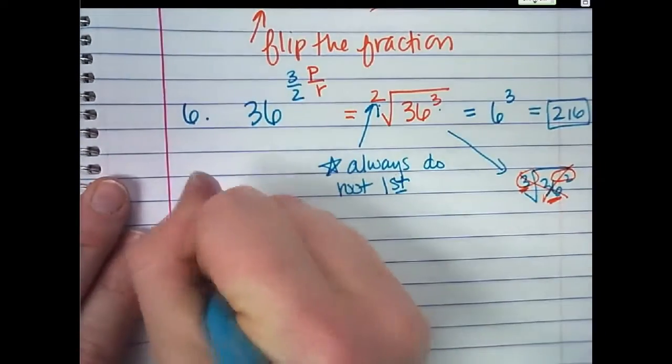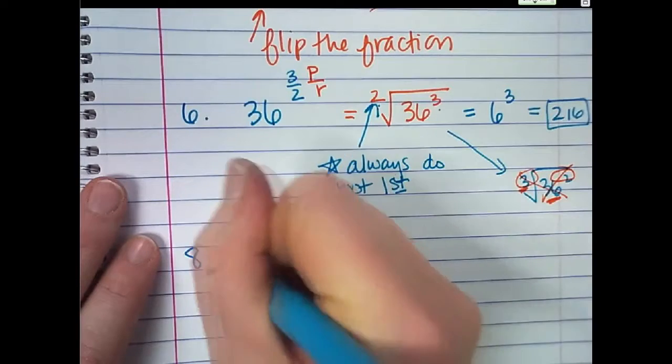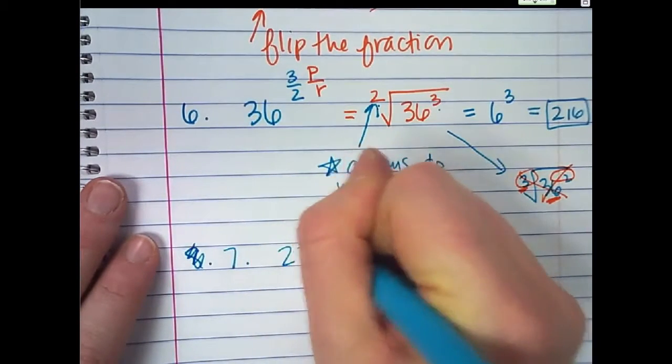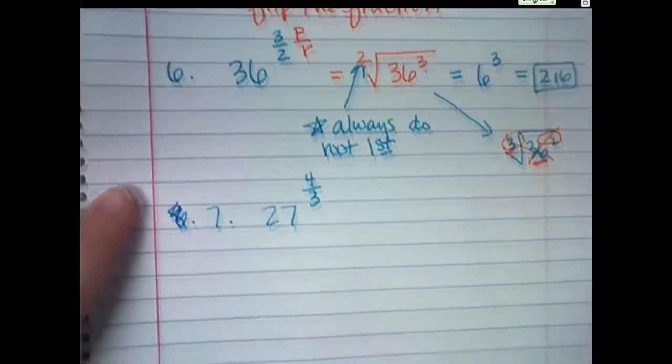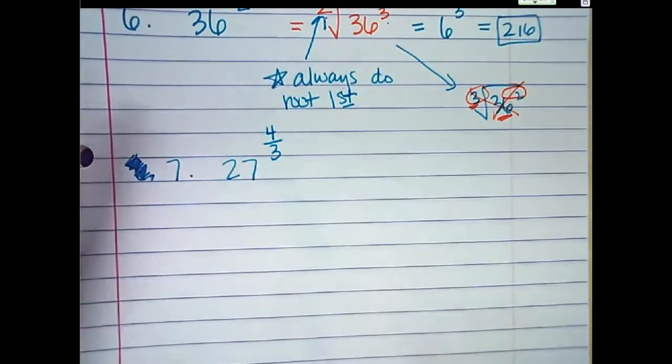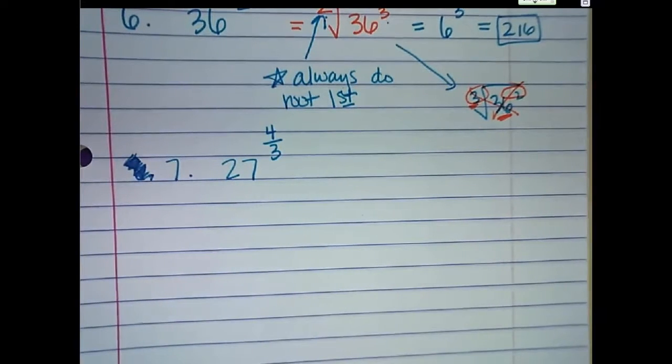All right, number 7. 27 to the 4 thirds. Good news is you don't have homework tonight. Like nothing.